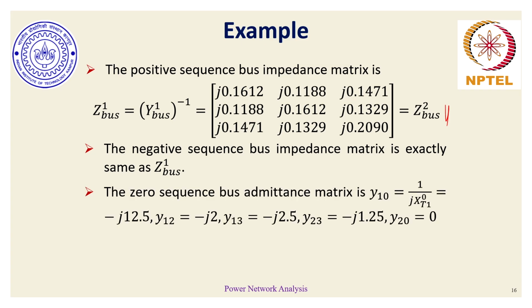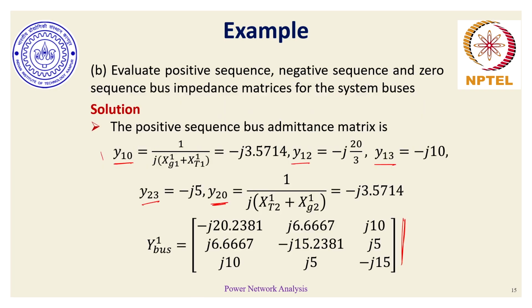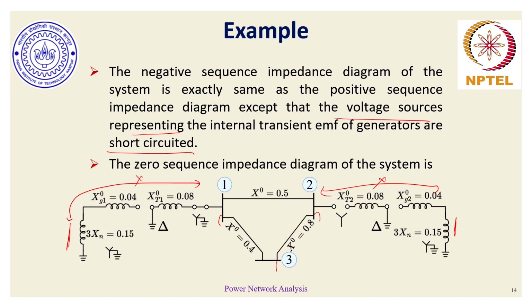The zero sequence admittance matrix will depend on how the transformer connections are and how the neutrals are connected. If we look at the zero sequence network, bus 1 has some possibility of flow of zero sequence current, not from the generator but through the transformer. So we'll have to consider Y10, which is going to be the inverse of this element.